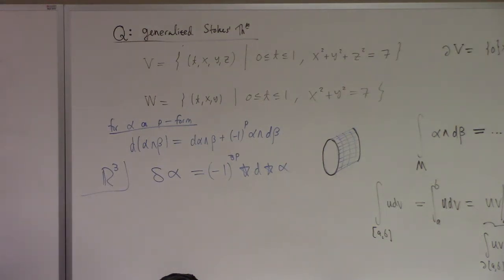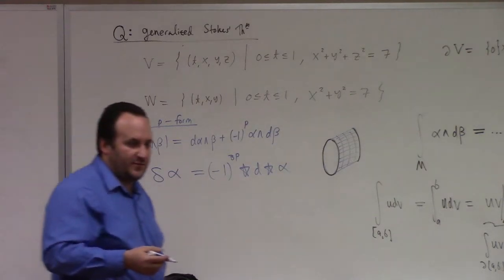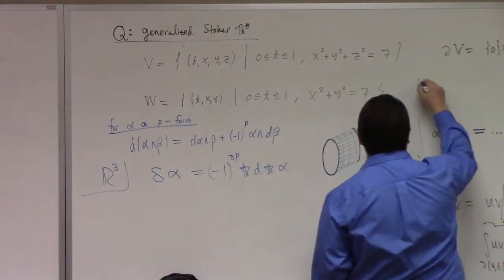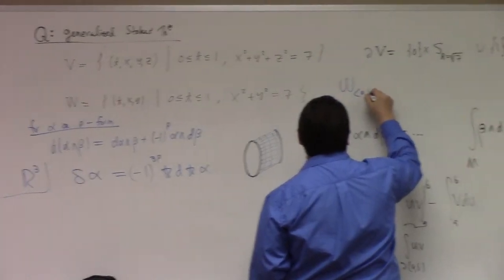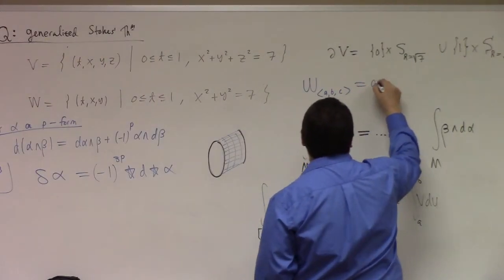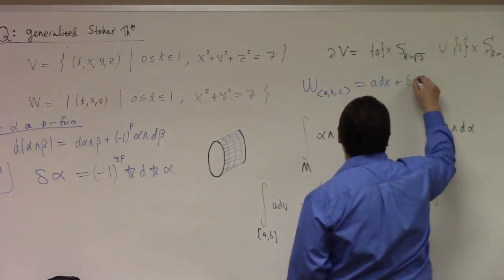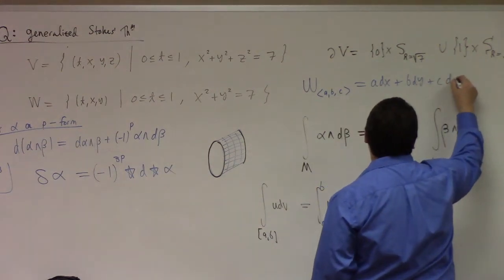Just so we have a formula, its interplay with work forms and flux forms, is that something we should know? I think it's something I might ask you questions about. I don't know if you should know it ahead of time or not. What are the basic things about work forms and flux forms? The work form of ABC is A dx plus B dy plus C dz.